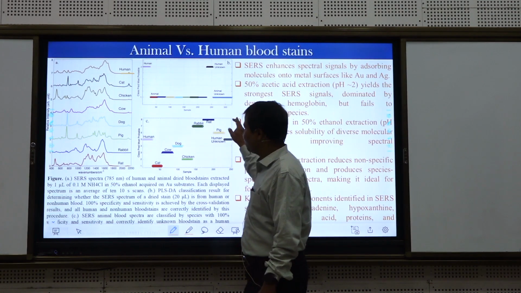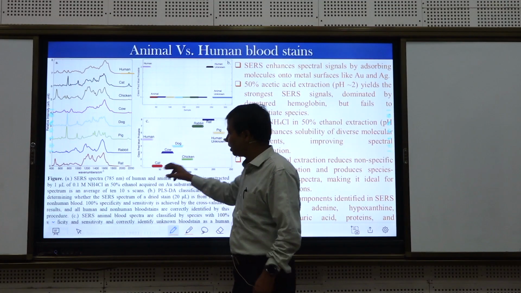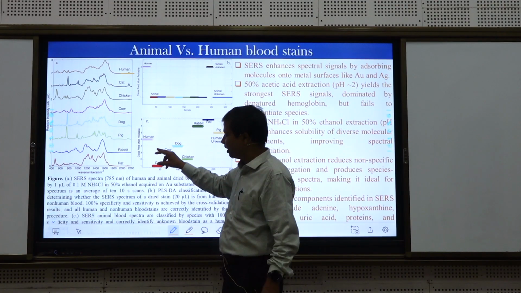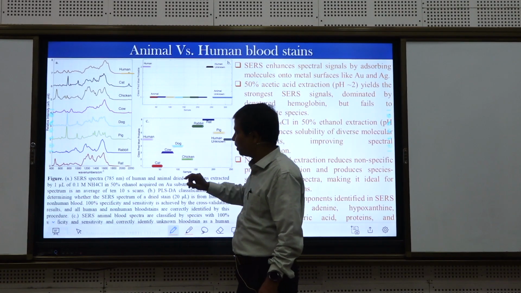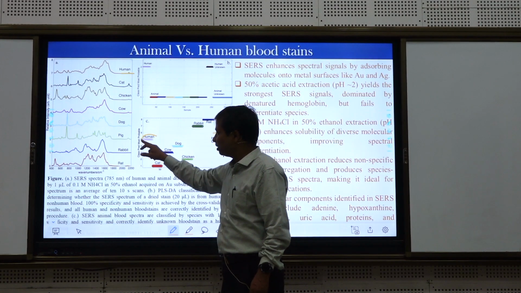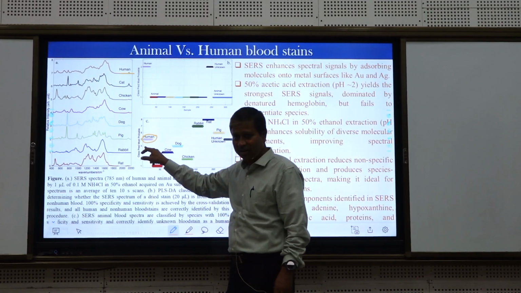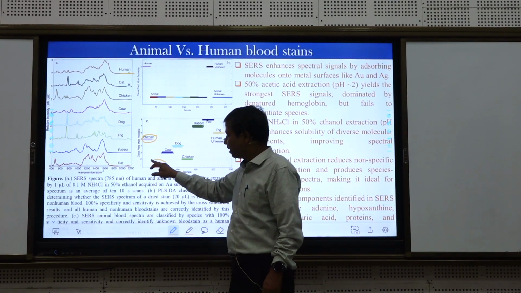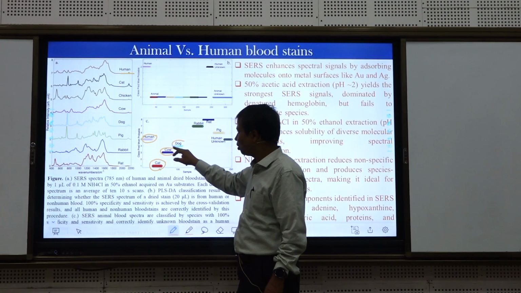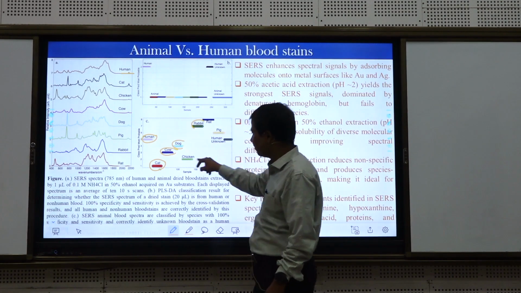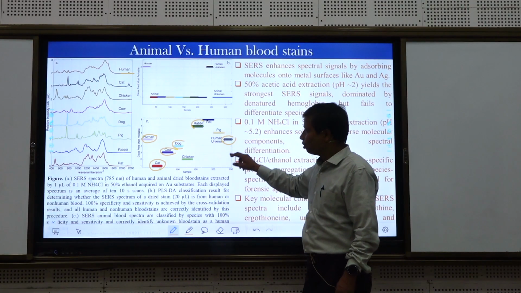The important thing is that they have made this table in which groups are created, and this group shows, based on this Raman spectroscopic data, that human blood should be clubbed here in this region, cat blood should be clubbed in this region, cow, dog, rabbit, rat and many things, and unknown.